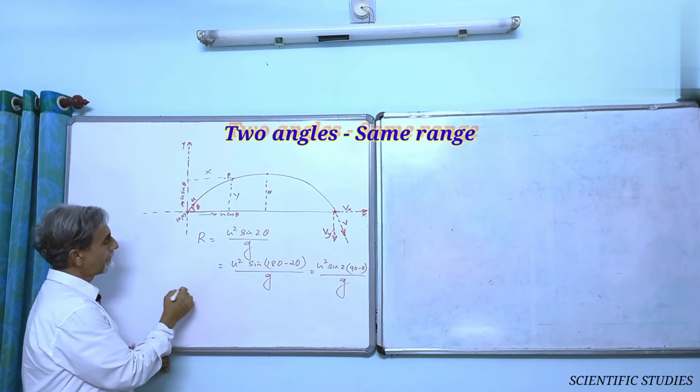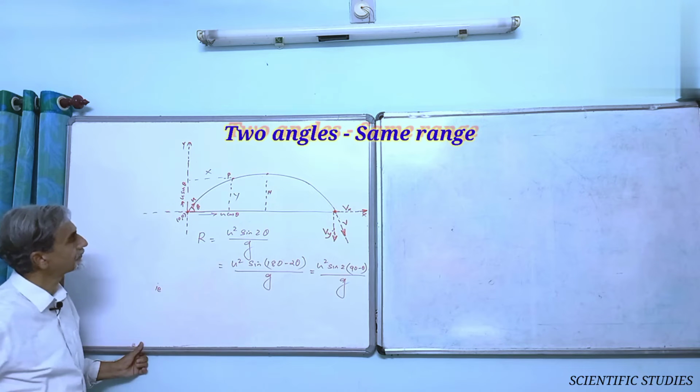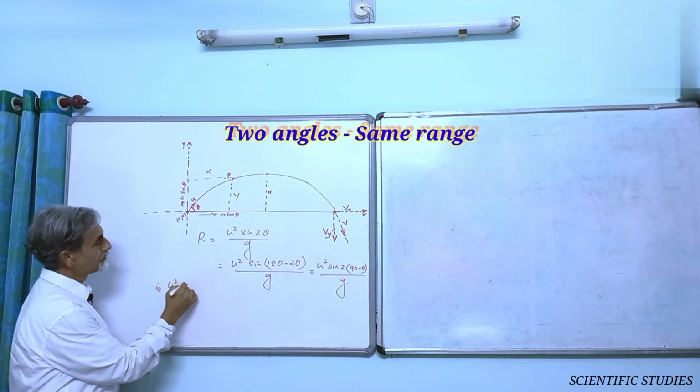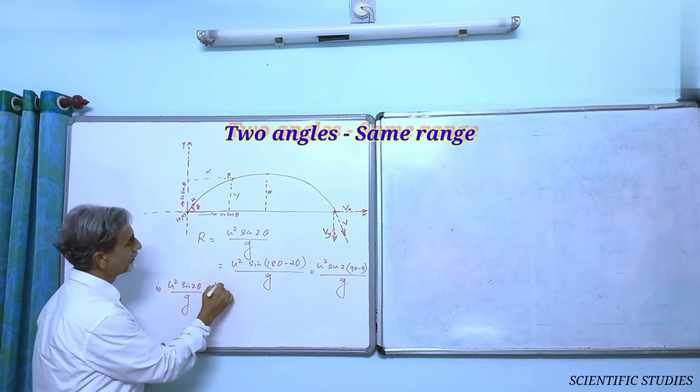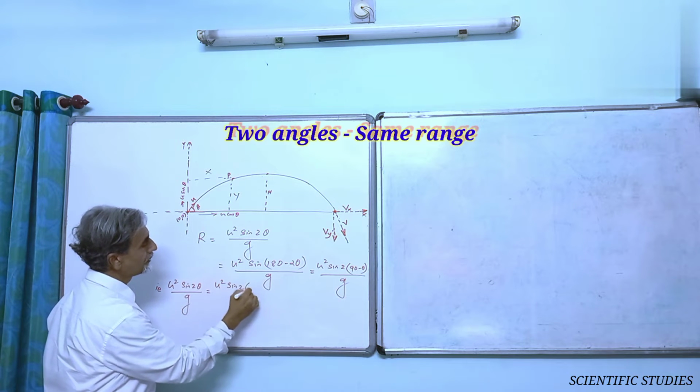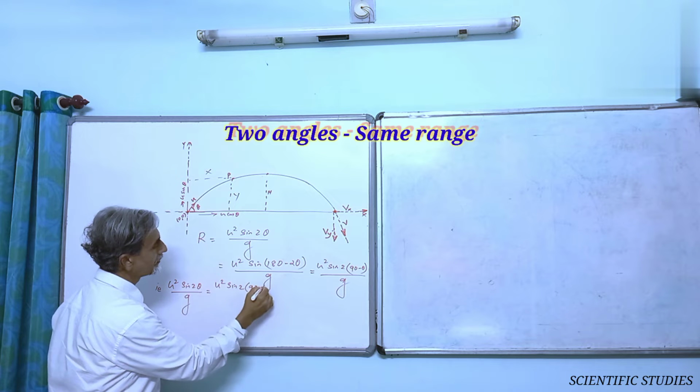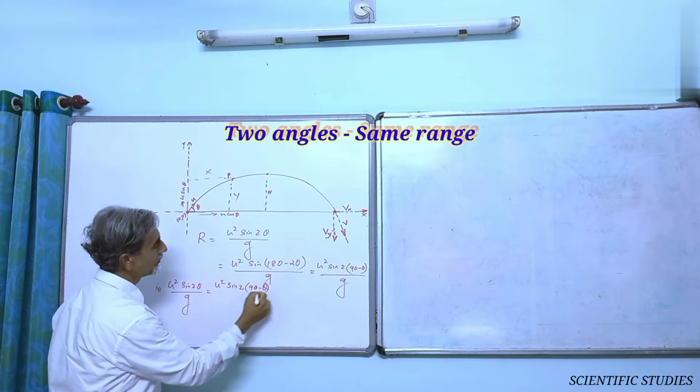That is, u square sine 2 theta by g is equal to u square sine 2 into 90 minus theta by g.